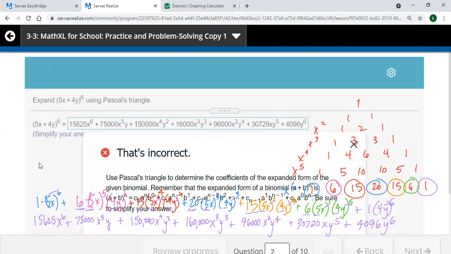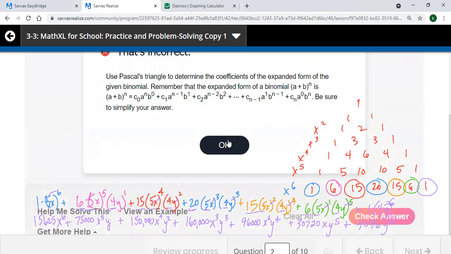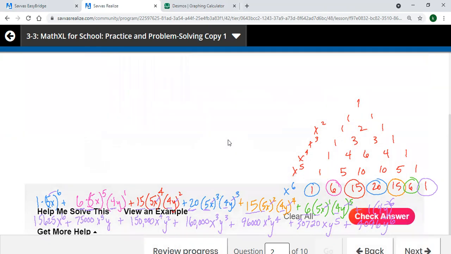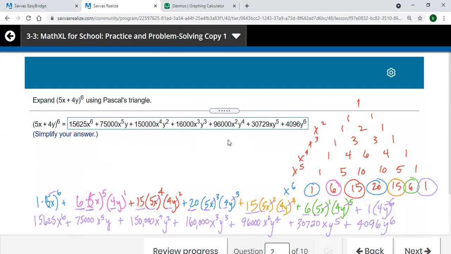All right, so I'm confident in what we have for an answer, other than multiplying out all my coefficients. So the 5 to the 6th power on the first one, 15,625. I'm confident that that one was right.